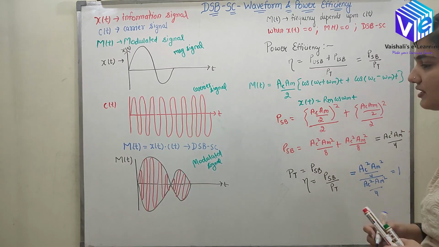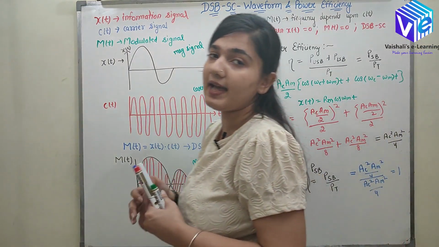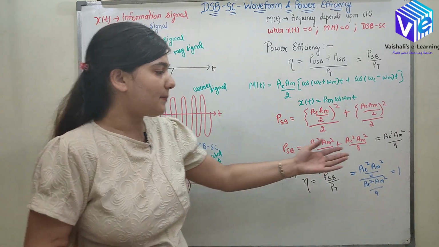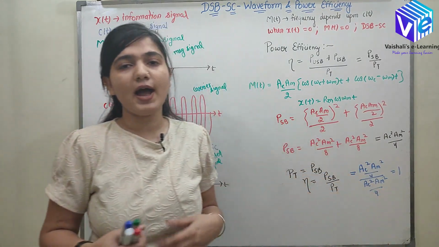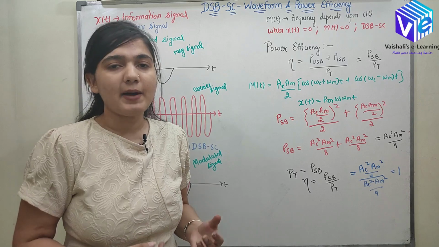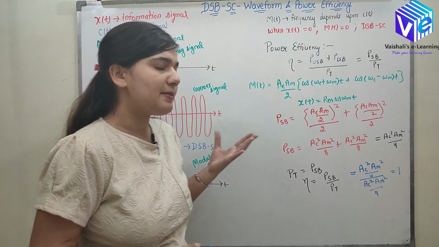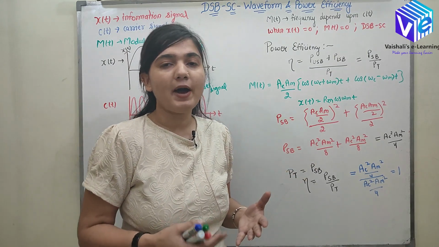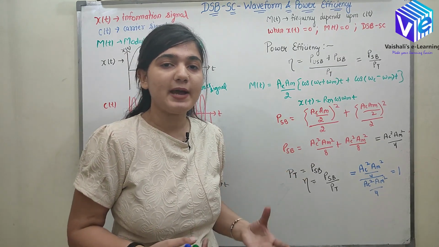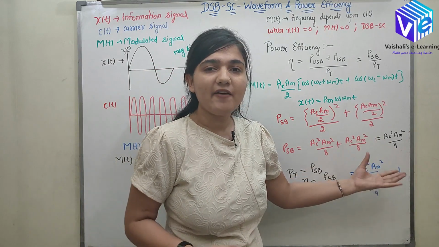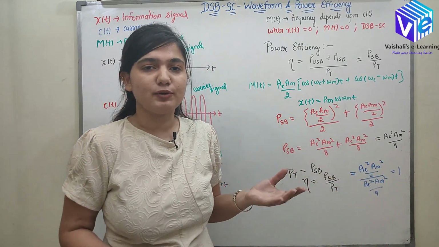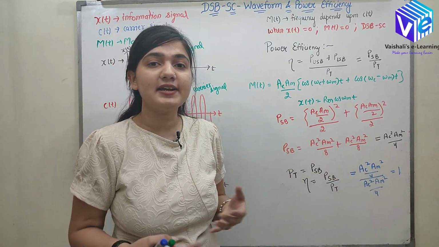So the power efficiency is 1. So I can say this is the most efficient system. I talked about the carrier power in my previous system, the double sideband full carrier. At that time I said 2/3 of the power is used by the carrier. Here the whole power is used by the information only, but the information is sent twice.